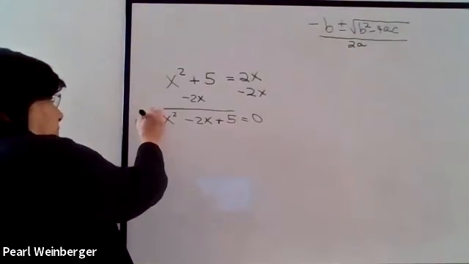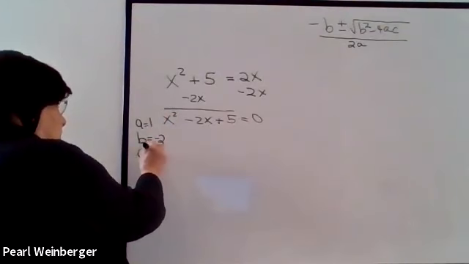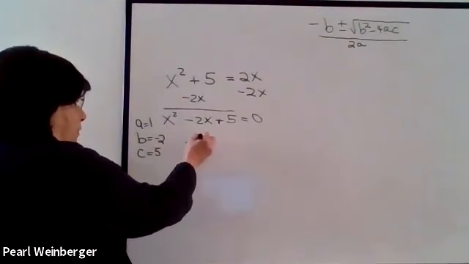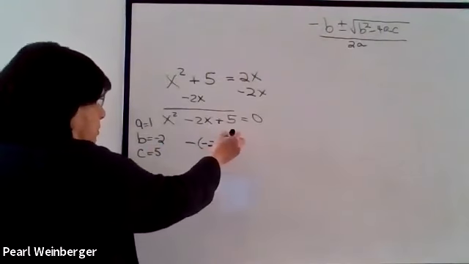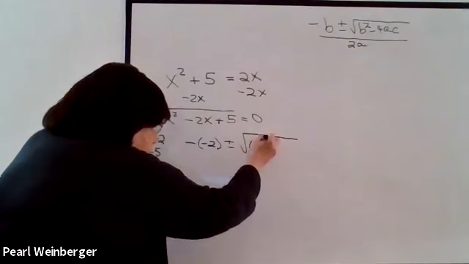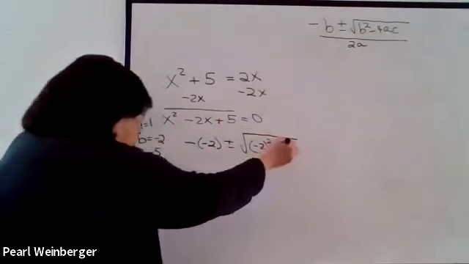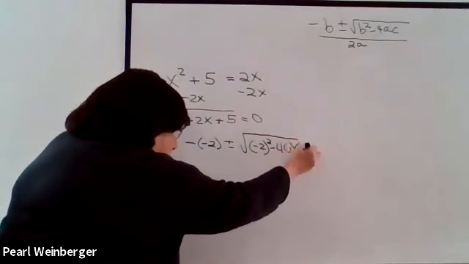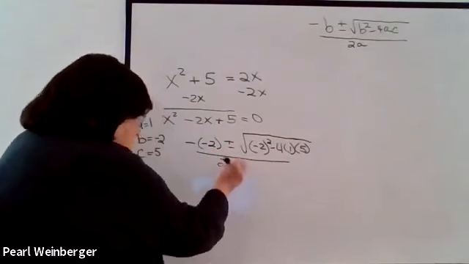The a, again, we know is 1, the b is -2, and the c is 5. So sticking it into the formula, we have -2. Don't forget, when the b is negative, you end up with 2 negatives, plus or minus the square root of -2 squared minus 4 times the a, which is 1, times the c, which is 5, all over 2 times 1, because the a is 1.